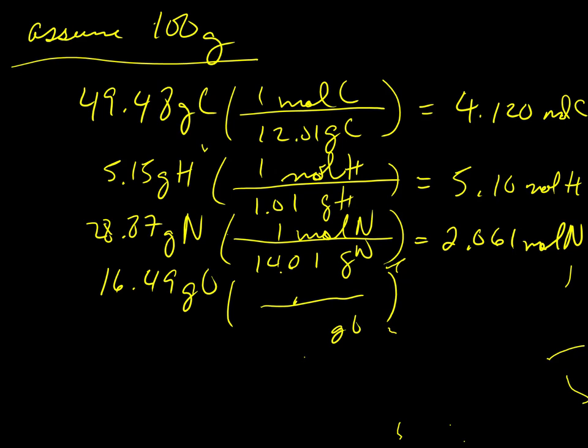Grams of oxygen to moles of oxygen. 1 mole is 16.00 grams. So 16.49 divided by 16 is 1.031.